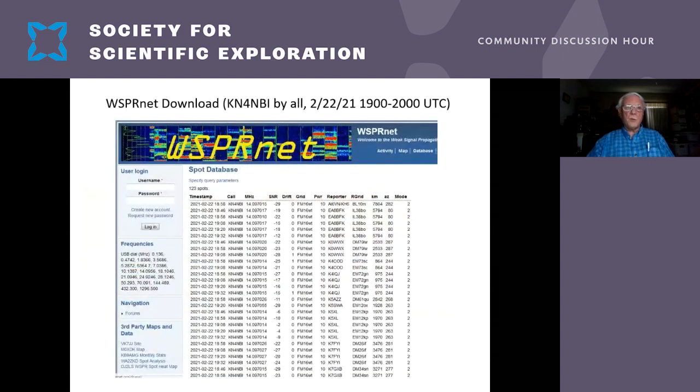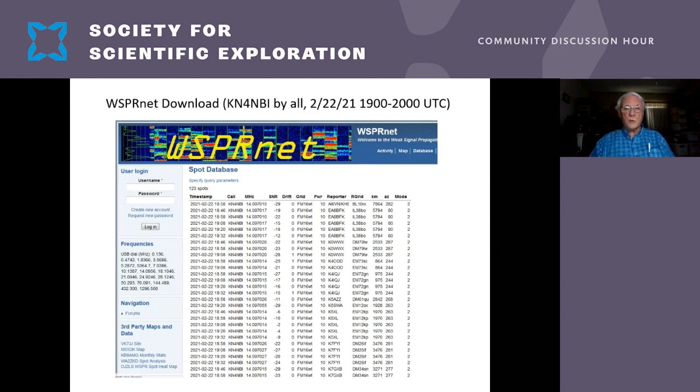And this is what happens when you sign on to WSPRnet. I did this on February 22nd, a little earlier in the week, in the middle of the day for about an hour, and this is part of the download. It shows the time, the frequency, the signal-to-noise ratio, and a bunch of other data, and who was hearing me. So a station in Hawaii, AI6VN/KH6, heard me once.